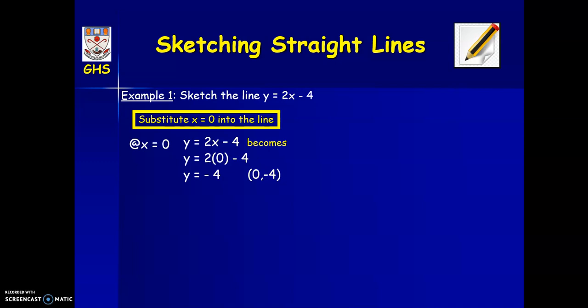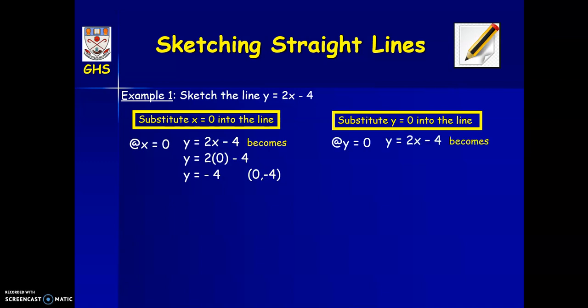We do a similar thing for the x-axis this time. So on the x-axis, the y coordinate is 0, so we substitute y equals 0 into the equation of the line. So at y equals 0, the equation of the line becomes 0 equals 2x minus 4. So we need to do a little bit of rearranging here.